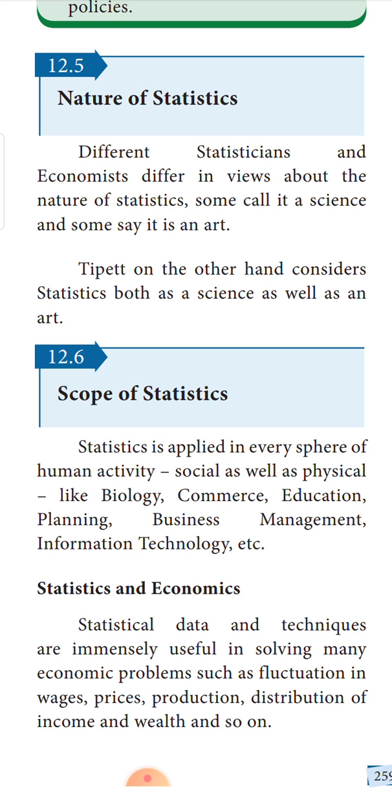You might have learnt it two chapters before. So Tippett is an economist who considers that statistics is both a science as well as an art. Underline this. So he has come to a conclusion. He considers statistics to be what? Both a science as well as an art.